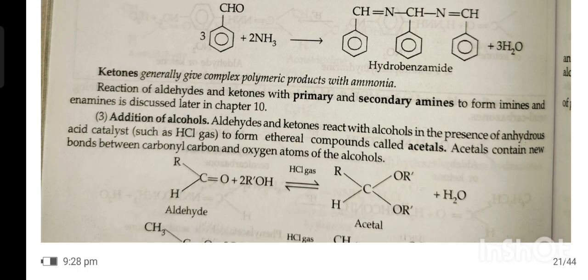Addition of alcohol. Aldehyde and ketone react with alcohol in the presence of an anhydrous acid catalyst such as HCl gas to form compounds called acetals. Acetals contain a new bond between the carbonyl carbon and the oxygen atom of the alcohol.